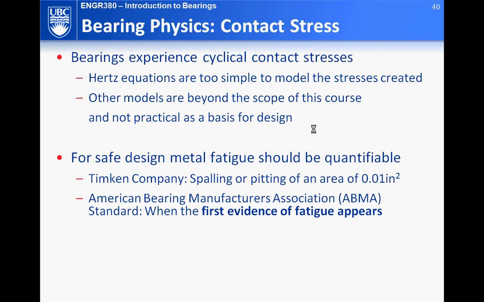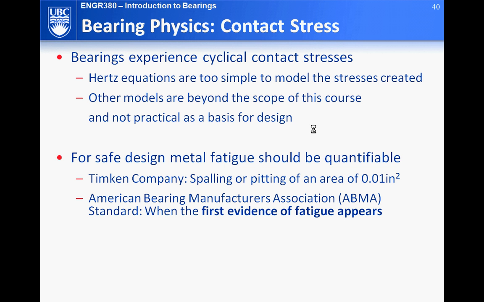The balls will rotate inside the raceway. If the radial load is in this direction, then when the ball is underneath, it is subject to contact stress between the ball surface and the raceway surface, right?